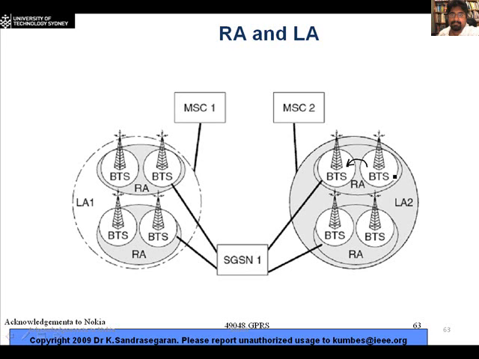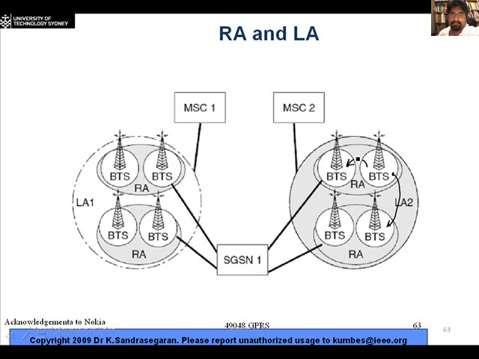Imagine if the subscriber was to move from this cell into this cell here. Remember these cells are all adjacent and they form an interlocking structure. If a subscriber was to move from this cell to this cell, they're moving between two different routing areas.